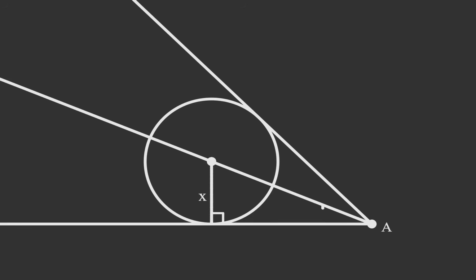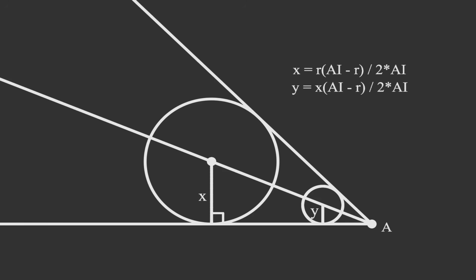This means we can just use the same formula but with our new radius to get the radius for the next iteration around the circle's edge. You may notice that we use the radius twice, but one of these uses is in a ratio that stays the same no matter the depth. So we can define a scaling factor as AI minus R over 2AI and repeatedly scale the radius by this factor.